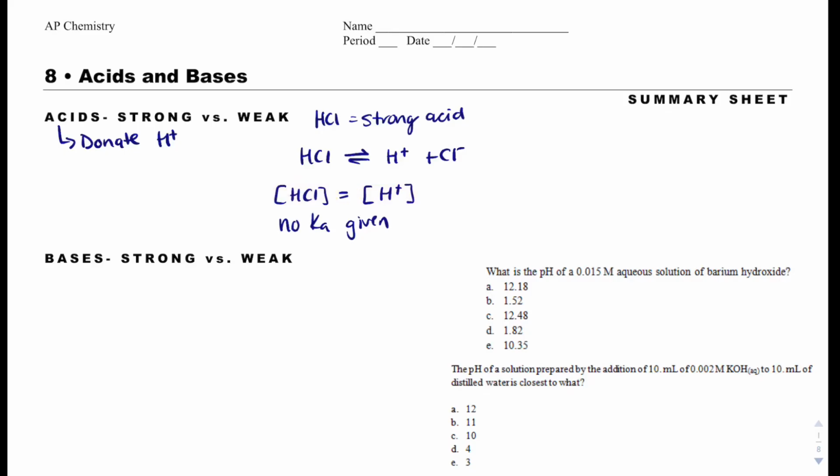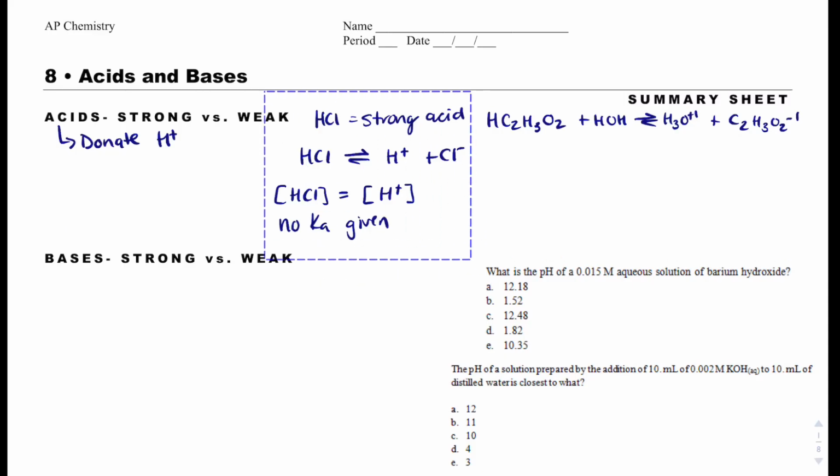Now, with a weak acid, a common weak acid would be acetic acid, HC2H3O2, and that will react with water to produce H3O+, which is the same thing as H+, and it will also produce its conjugate base, which is acetate. And this is going to be a weak acid.